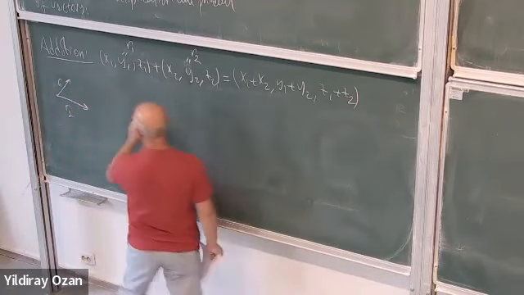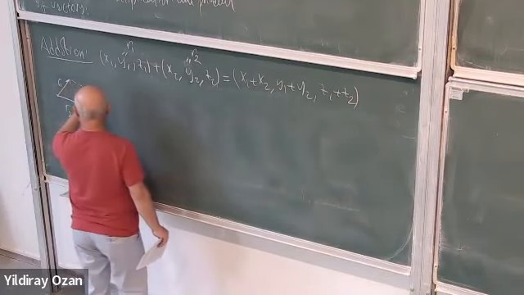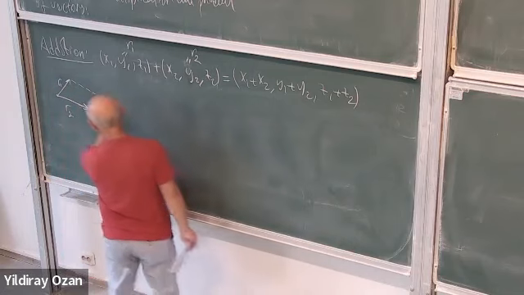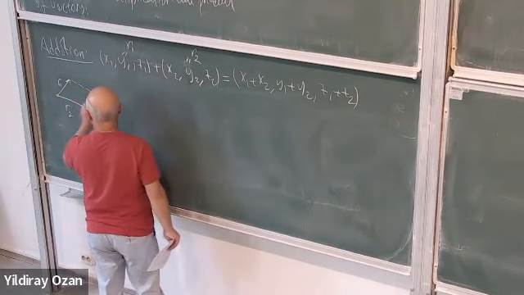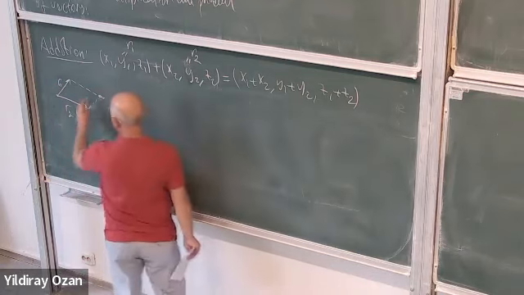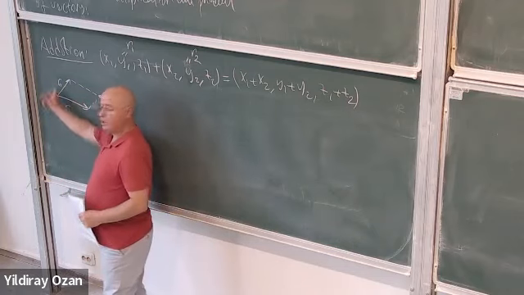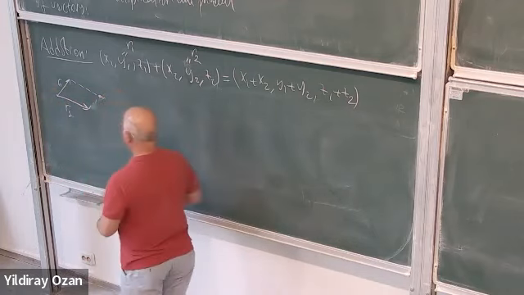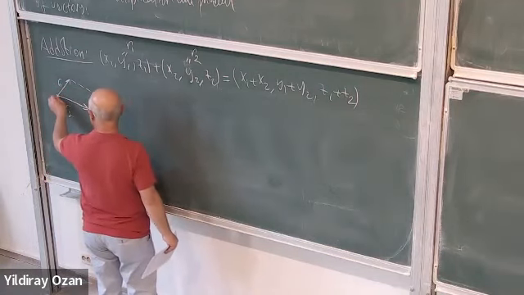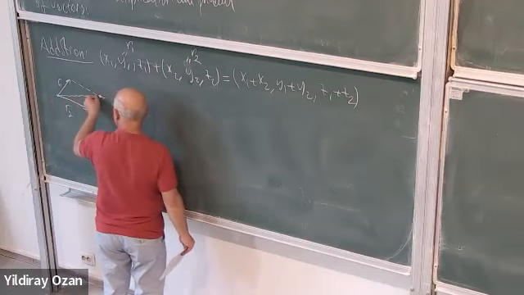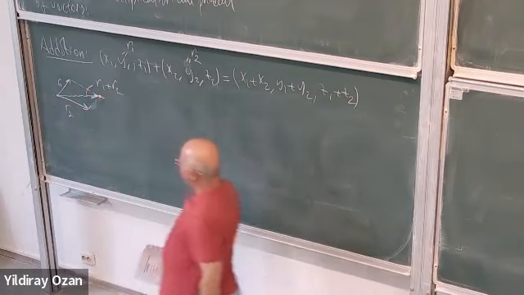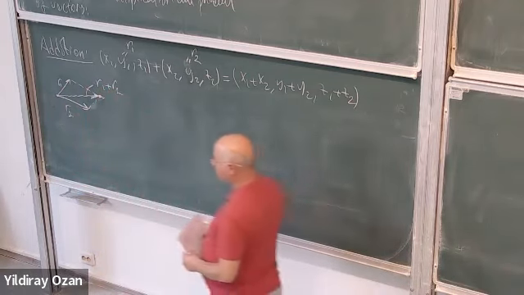Geometrically, this operation corresponds to the following. You draw parallels to these vectors in the plane containing these two vectors, and then these parallels will meet at a point, and this vector here is the addition, R1 plus R2. This is the geometric meaning.